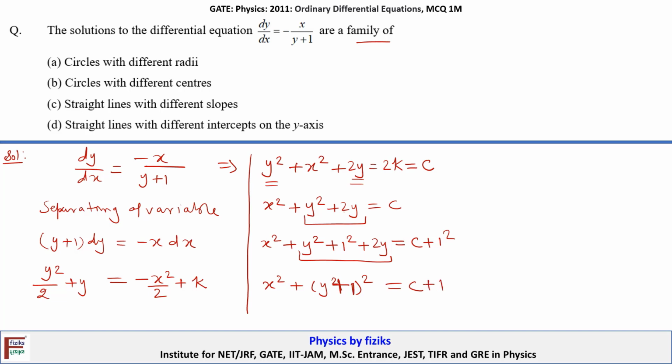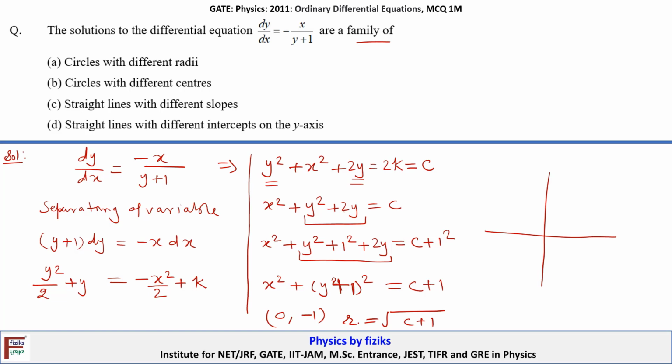This equation is the equation of a circle where the center of the circle lies at 0 and minus 1, and the radius of the circle is given as the square root of c plus 1. Now the radius of the circle depends on the value of the arbitrary constant c, therefore the whole family of circles can be represented here.